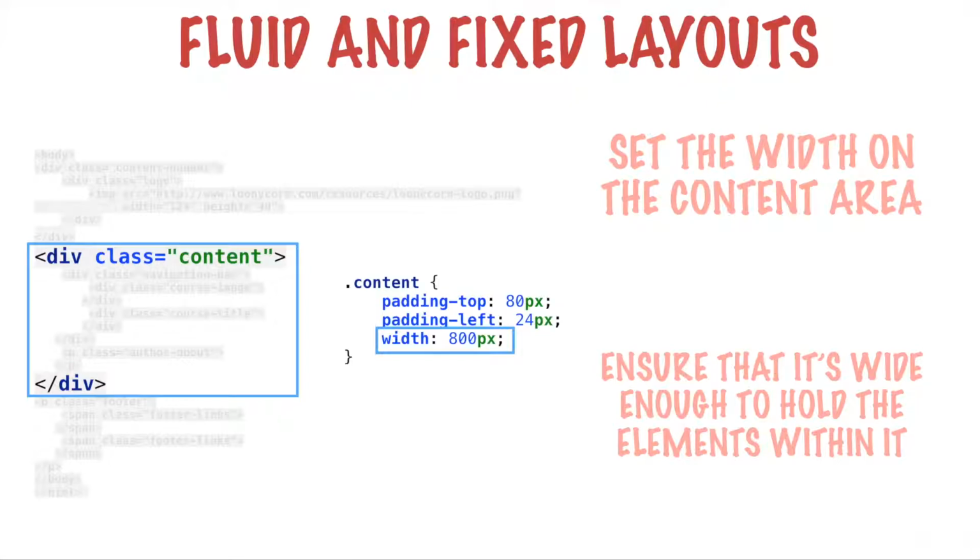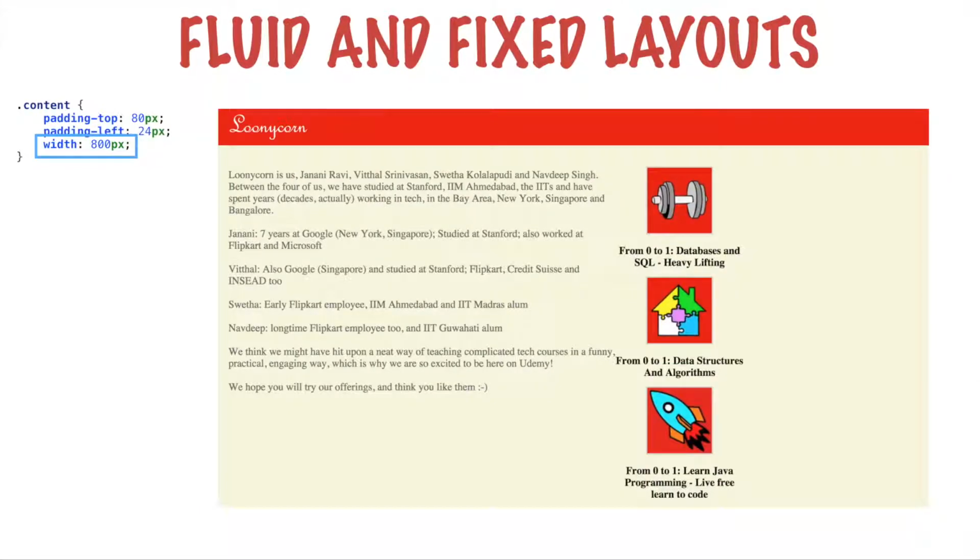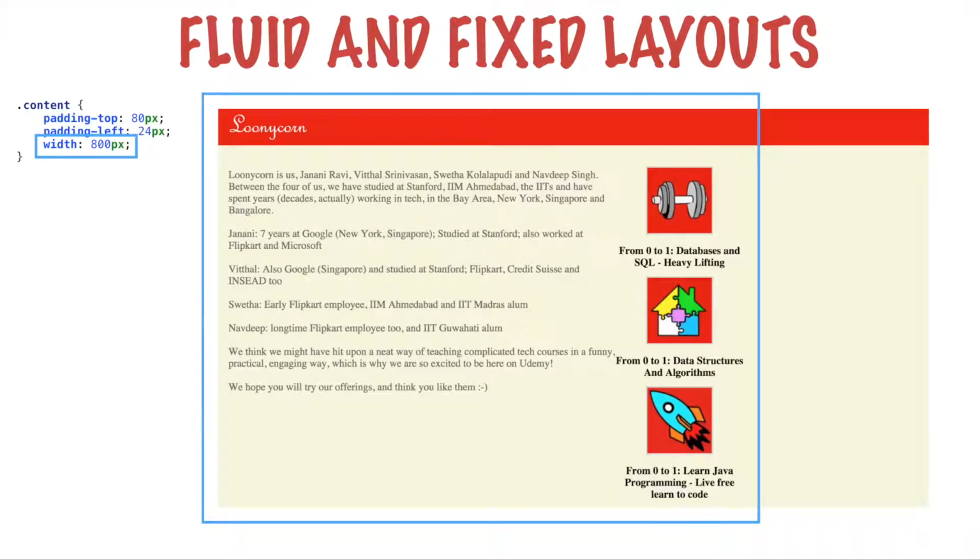After specifying the width of the content area, if you reload this page on the browser, you'll find that it looks like this. Notice that the width of the browser window is much larger than 800 pixels, but our content only occupies 800 pixels. Our content only occupies a part of the browser viewport.